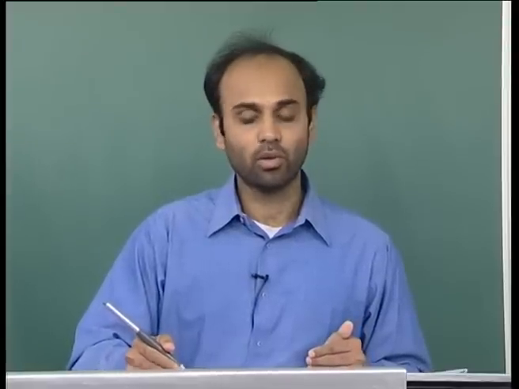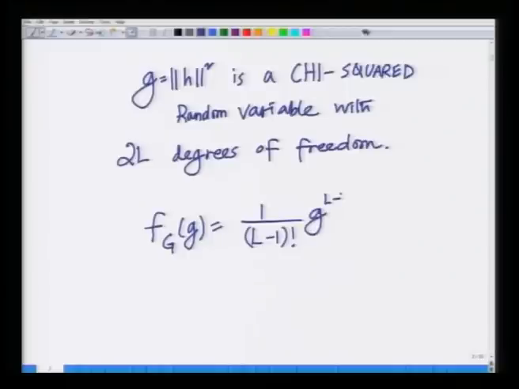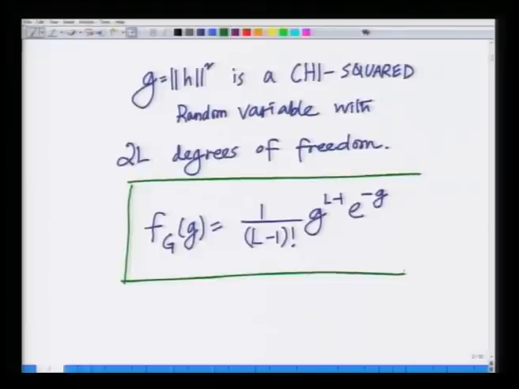It can be shown that the distribution f_G of this gain G of this chi-squared random variable of 2L degrees of freedom is given as 1 over (L minus 1) factorial times G to the power of L minus 1 times e to the power of minus G. So, in other words, the distribution of this gain G is f_G(G), which is 1 over (L minus 1) factorial times G to the power of L minus 1 times e to the power of minus G.